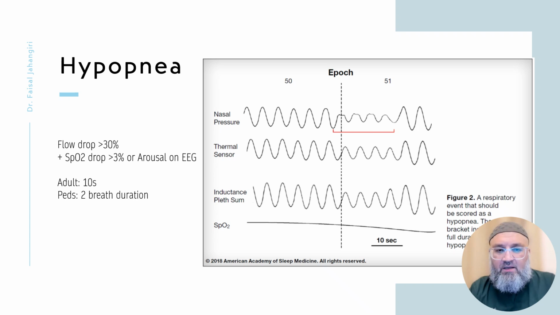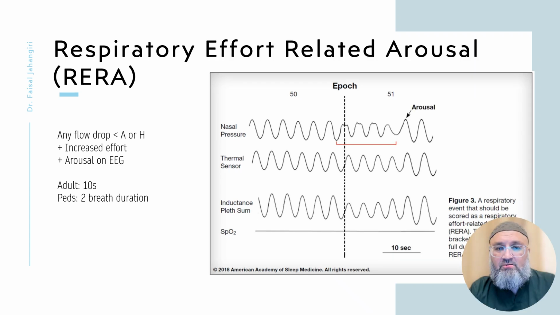For hypopnea, the airflow drops more than 30%, plus the oxygen saturation drops more than 3%, or there is arousal on EEG, EEG waking up. In adults it should last more than 10 seconds, and in pediatrics again two breath duration.